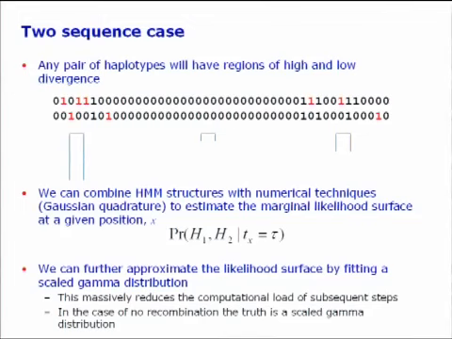The reason I do this is that this massively reduces the computational load in further steps, and it's reasonably justified, because in the case of there being no recombination, the truth is a scaled gamma distribution. So I essentially just get 3 numbers, which are the 2 parameters of the gamma distribution and some scaling factor. And that gives me an approximate likelihood surface.